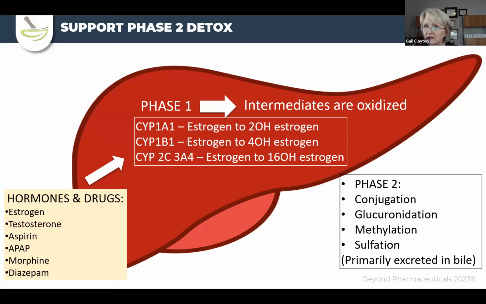So including the sulfur foods is very, very important. So a lot of these hormones and drugs are actually excreted through this glucuronidation and these other pathways. And also aspirin, acetaminophen, morphine, and drugs like diazepam.